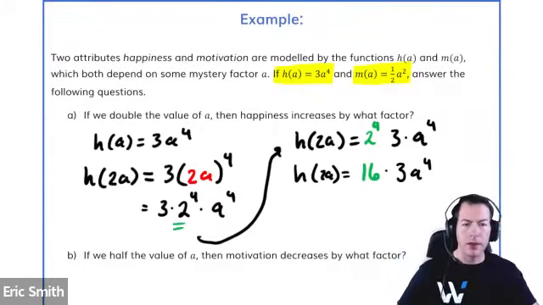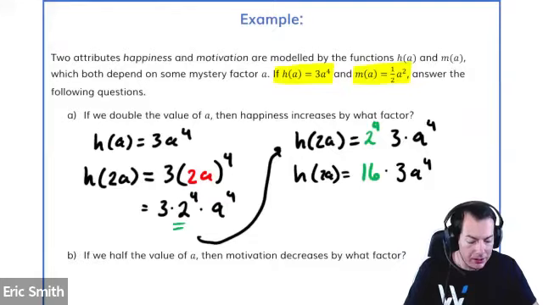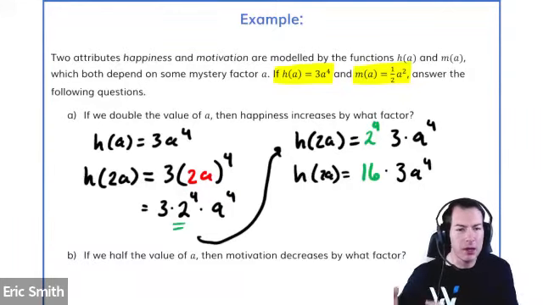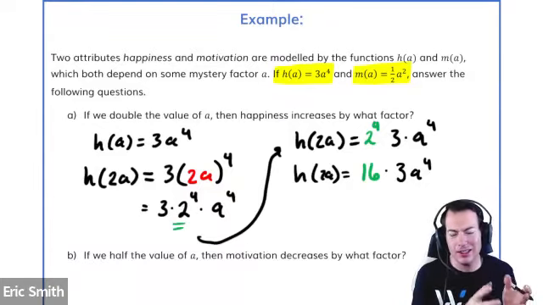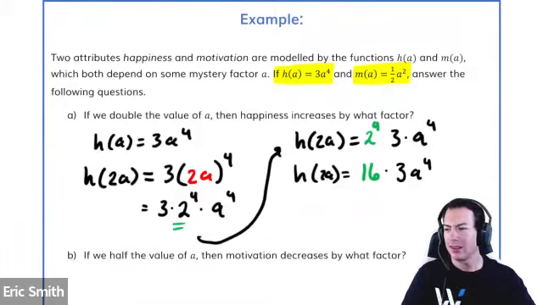Excellent. So, by having this nice equation associated with this phenomenon, now we can quantitatively say what's happening as we change things. So if we double our mystery parameter A, it looks like we get 16 times the happiness, or that it goes up by 16. That's the only change we have from our original.